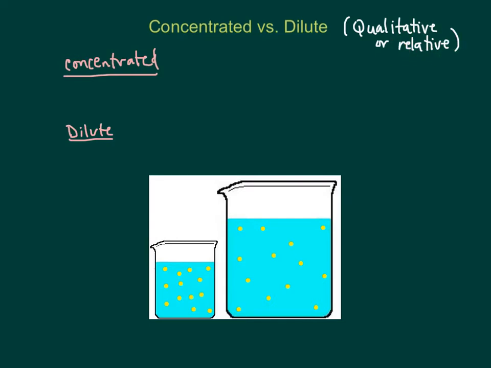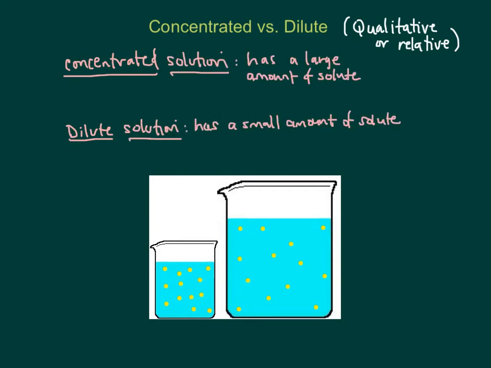Concentrated compared to what, or dilute compared to what. In generalized terms, if you say something is a concentrated solution, you're saying that there's a large amount of solute dissolved in it, whereas a dilute solution has a small amount of solute. And you can really only say something is concentrated or dilute in comparison to something else.